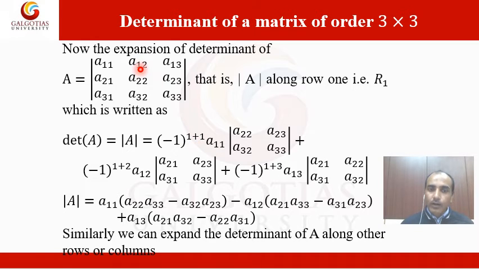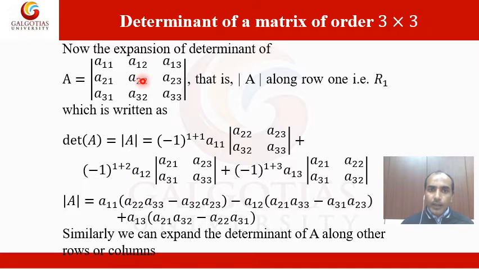The first row has two more elements A12, A13. In the same manner, we write expression for A12. So we write A12 now multiplied with minus 1 to the power sum of position of A12 element. The position of A12 element is first row and second column. So we write minus 1 to the power 1 plus 2.